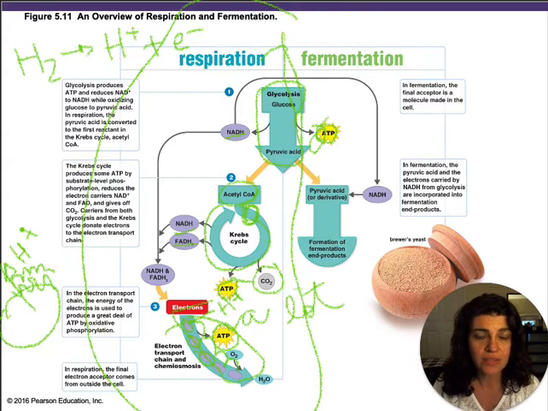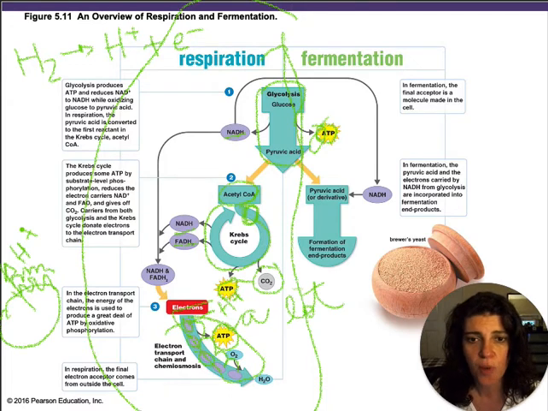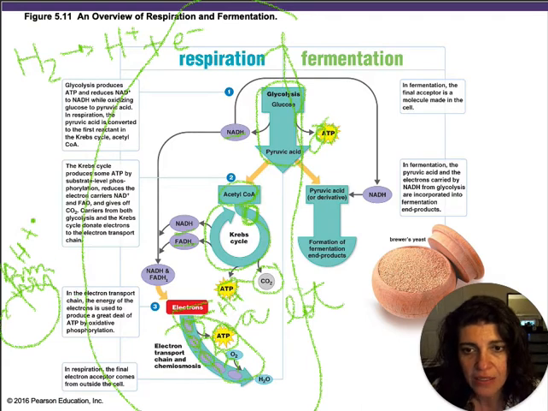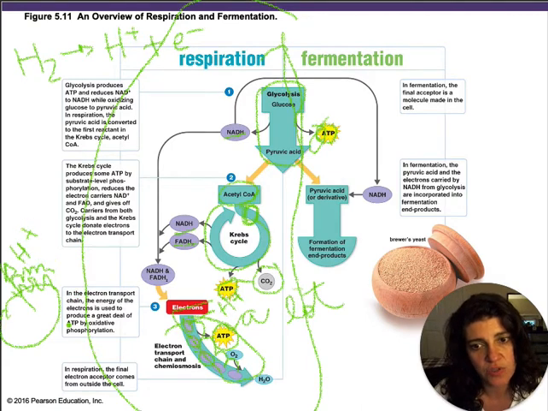And that causes what we call chemiosmosis. Chemiosmosis is the fact that you create a gradient of hydrogen ions, which is more concentrated outside of the bacterial cell and less concentrated inside the bacterial cell.